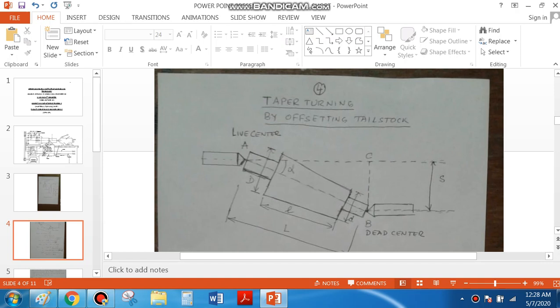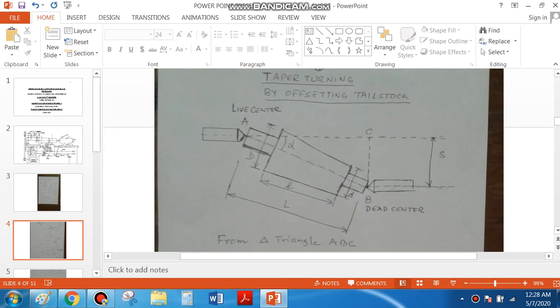The tailstock is pulled horizontally to a distance of S, which is called the set over, depending on the taper angle we require. In the sketch, S is shown and the taper angle alpha is also shown. If the object is machined in this condition, a taper will be generated on its surface.